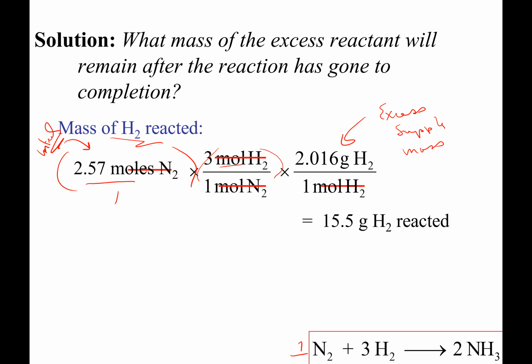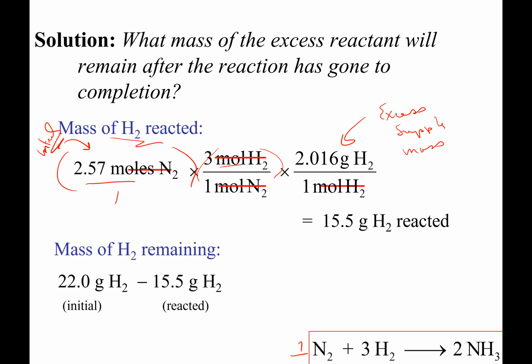Here's where, and I've seen it sometimes when I'm grading papers for your exam, you'll get to this point and find you used more H2 than there was. That must mean that you misidentified the limited reactant. Do you see what I'm saying? Because now, to get to how much was remaining, all we have to do is take how much we started with and subtract the amount used. How much is remaining?